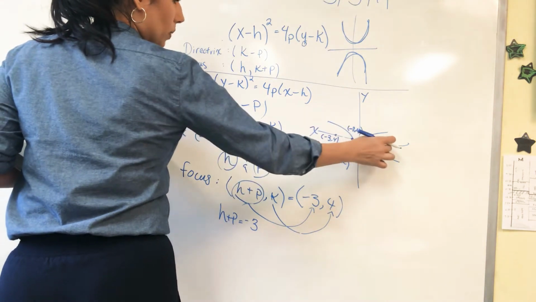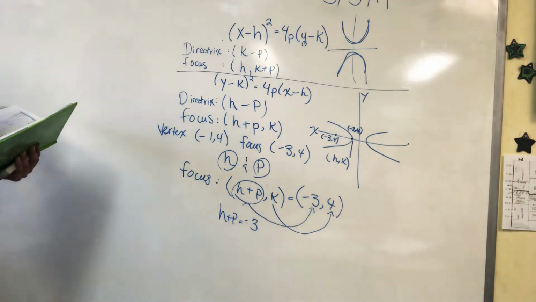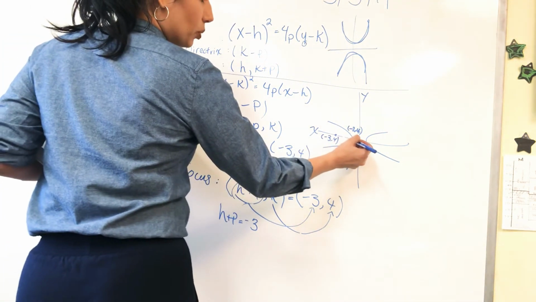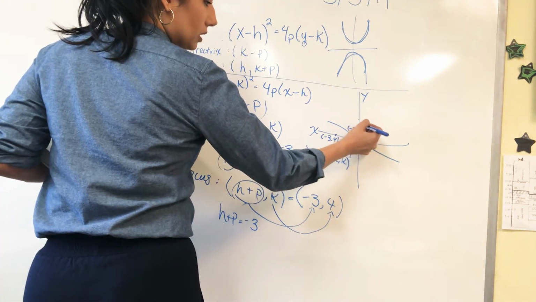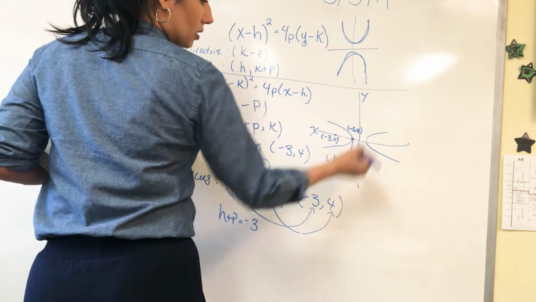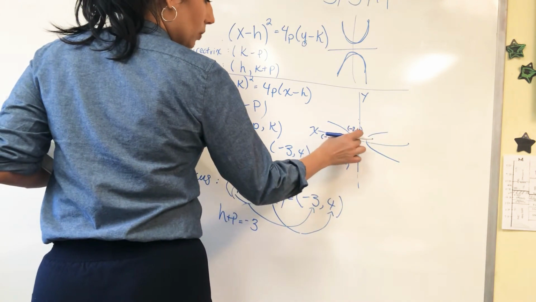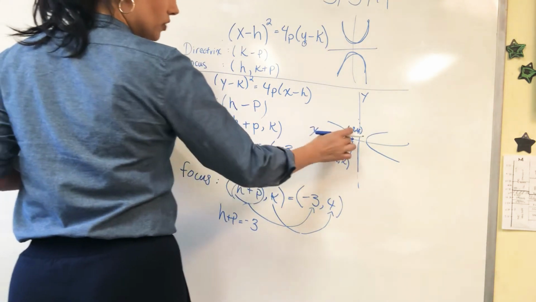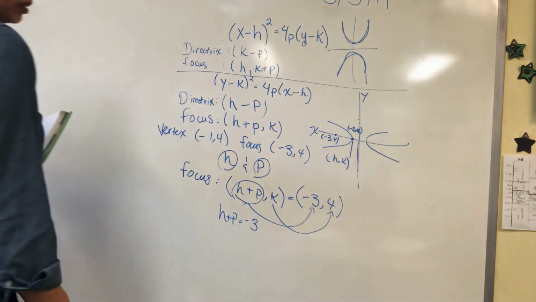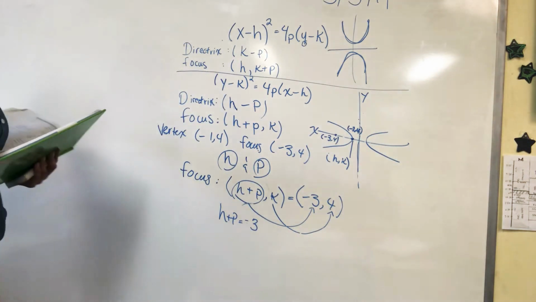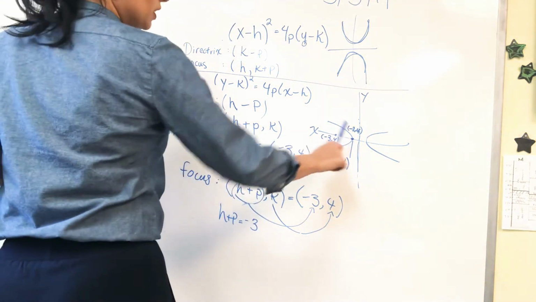So we need it to go this way, because the directrix is to the right of this point. If we're shifting it, do I shift 2 points to the left or 2 points to the right? To the right. So we shift it to the right.